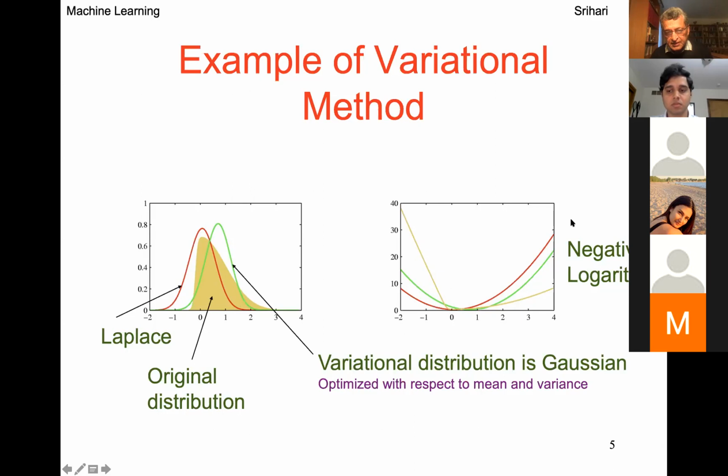The red one looks like that, and the green one looks closer to the yellow one. The green one is not perfect, but it is closer to the yellow one than the red one, which is out here. Maybe it doesn't show up as clearly, but green is closer to this straight line than the red. Similarly, green is closer to the yellow line than the red. So green must be better, and green is the variational method.